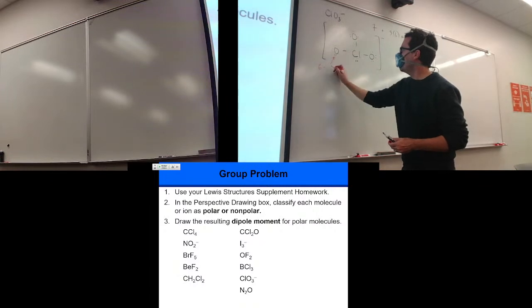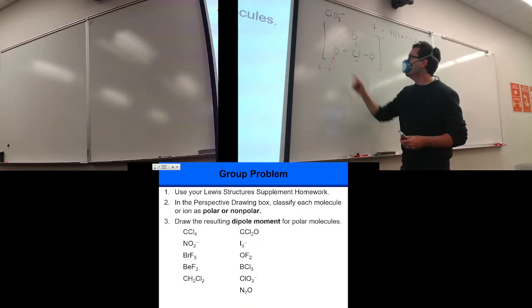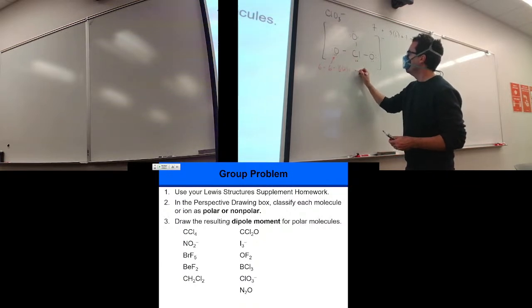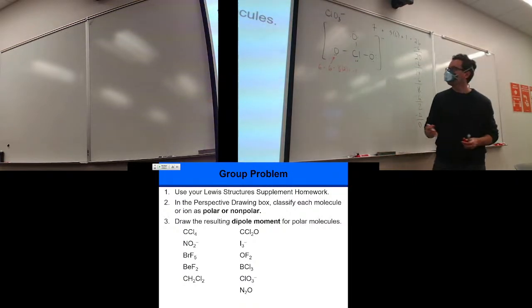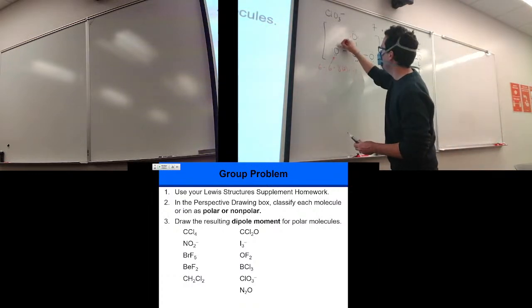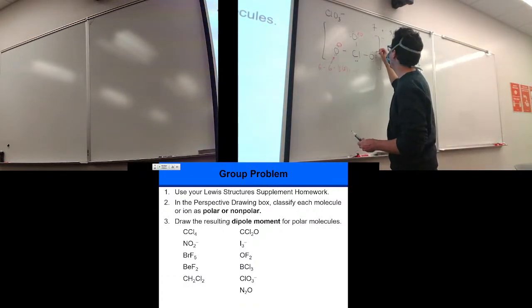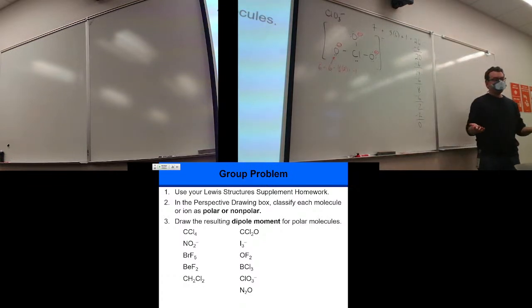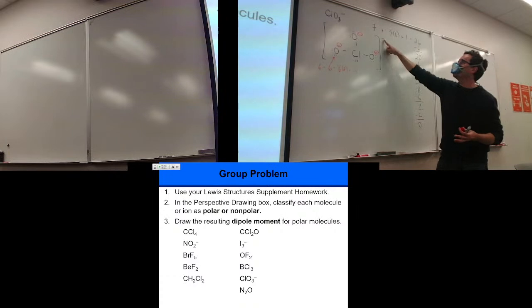Minus 6 lone pair electrons, minus half the number of bonding electrons, there's 2. So there's a minus 1 formal charge on all of these oxygens. They're all basically the same. And remember that the formal charges have to add up to the overall charge. So these have to add up somehow to minus 1.